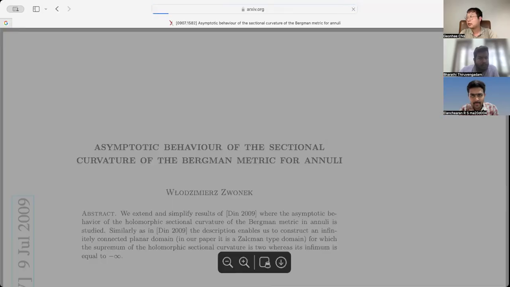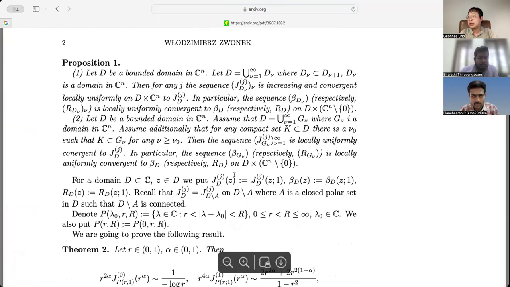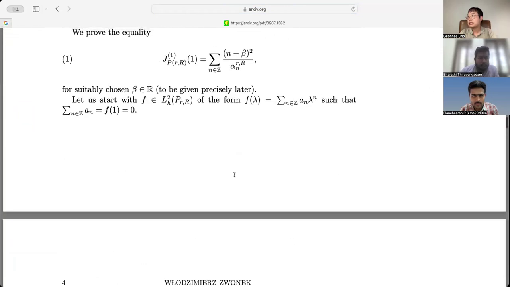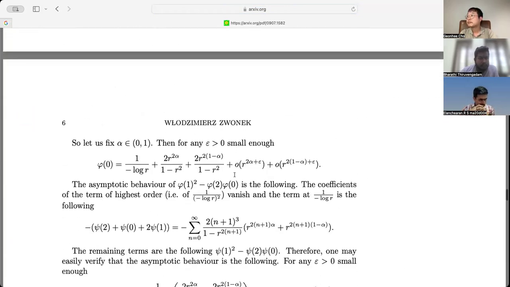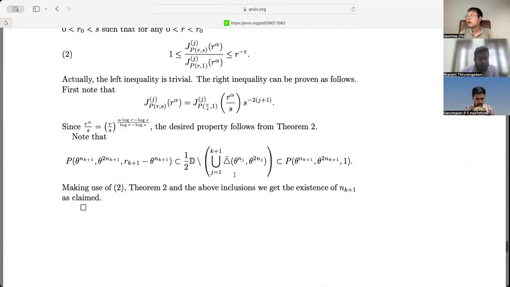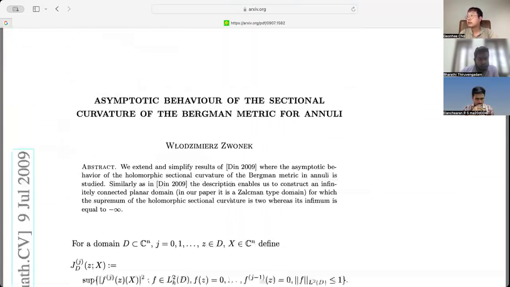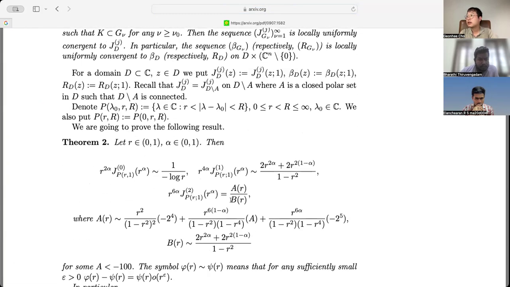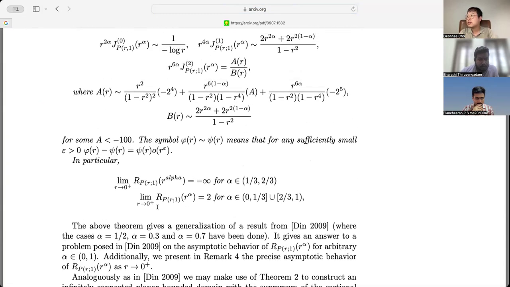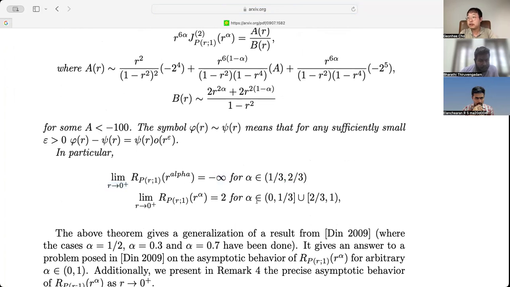What I'd like to discuss is from this paper. This is a very important example, in the sense that this is the calculation for the annulus. It's very well known that the holomorphic sectional curvature of the Bergman metric lies in the range from negative infinity to positive 2, and the annulus indeed achieves those limit values.